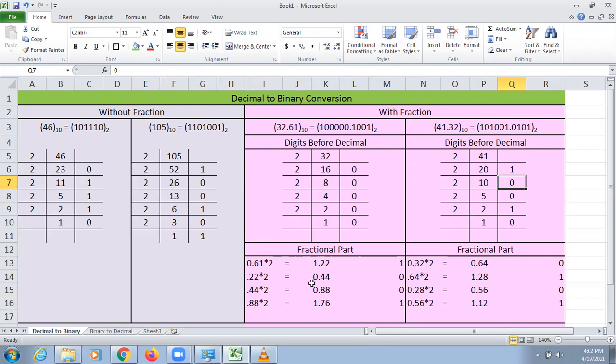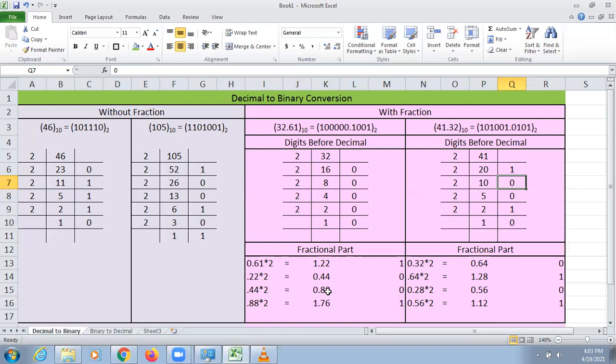And for the fractional part, the number which is after the decimal, you have to multiply the number by 2. So we have multiplied here like this, 0.61 into 2, and whatever answer you are getting, you just have to keep the number which you are getting before decimal on one side, and the number which you are getting after decimal, you have to again multiply by 2.